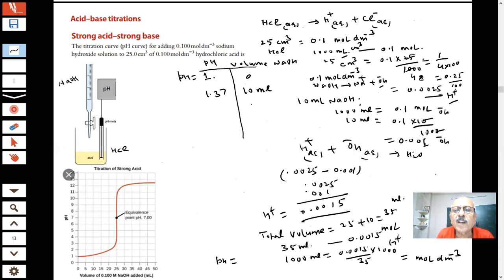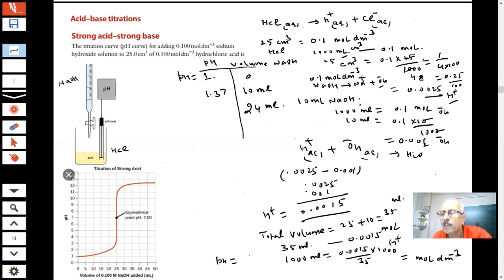Then I add 25 milliliter of NaOH. If you do all this calculation which I have shown you, you can calculate it with the calculator and then find the pH using the formula. Any difficulty here?